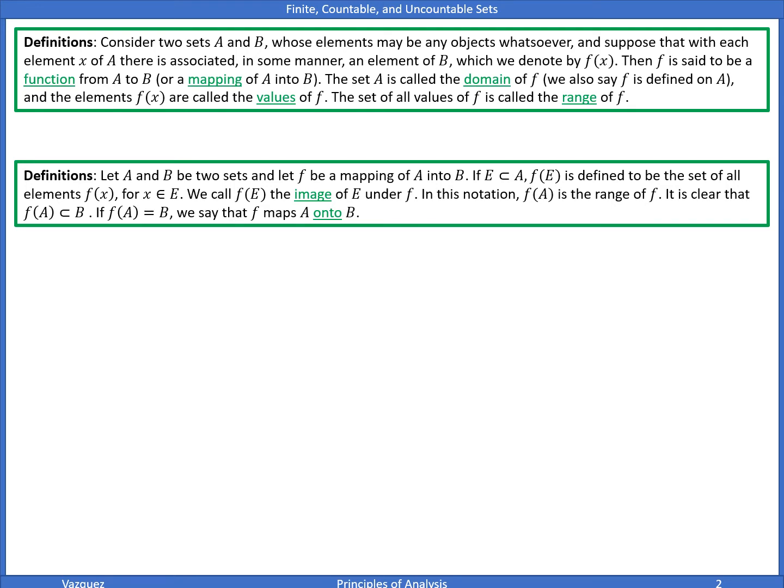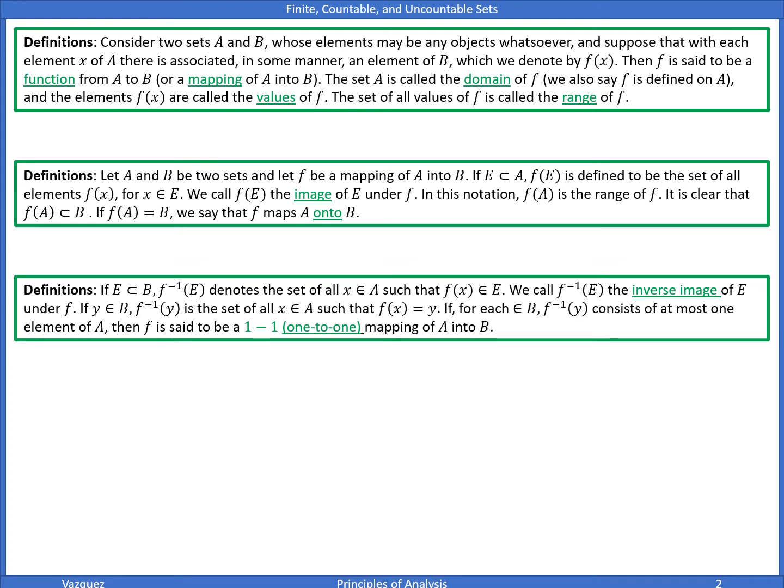It's clear that f of A is a subset of B, and if f of A is equal to B, we say that f maps A onto B. So there's a little distinction between onto and into. Okay, next definitions.